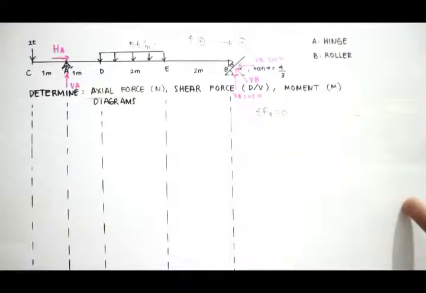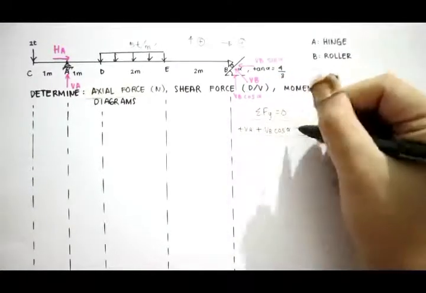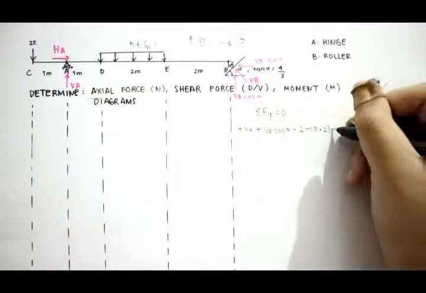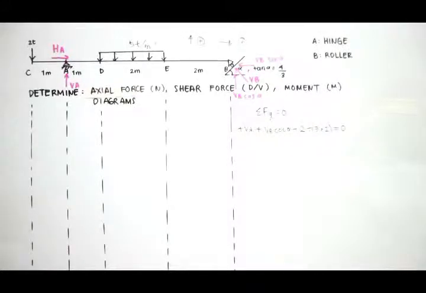Using my equilibrium equations, sigma F in the vertical direction equals 0: positive VA, plus VB cosine of alpha, minus 2 tons, minus 5 times 2, since it's a uniformly distributed load, equals 0.